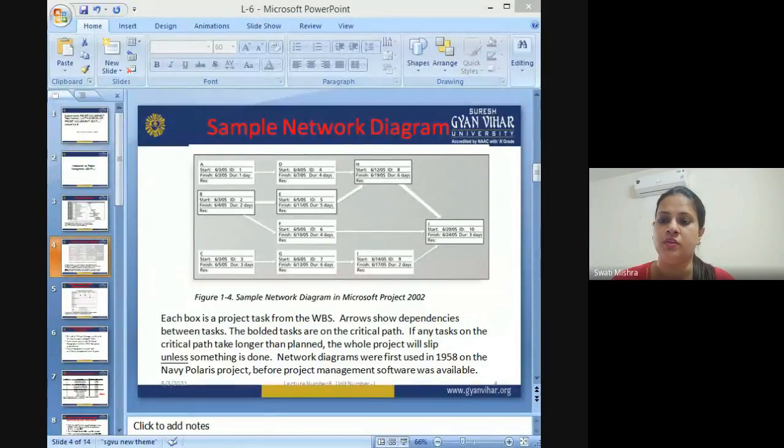So the arrows that you can see here, like from activity A to D, there is one arrow moving. Similarly, from activity B to E, you can see another two arrows which are going from B to E and B to F. Similarly, there is an activity C, and the arrow is directed from activity C to D.